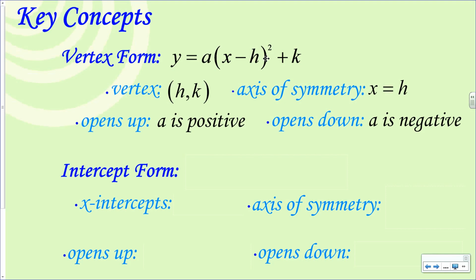The one we worked on yesterday is called intercept form. Okay? And it takes the form of y equals a times (x minus p) times (x minus q).